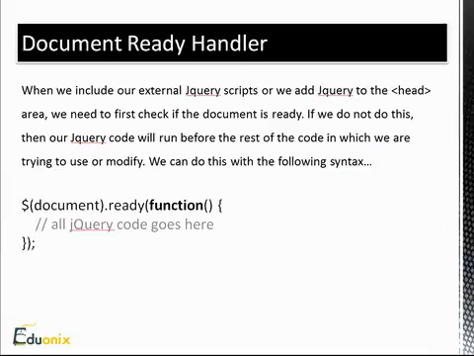Okay, so the document ready handler. Now, I'm just going to read this. When we include our external jQuery scripts, or we add jQuery to the head area, we need to first check if the document is ready. If we don't, then our jQuery code will run before the rest of the code which we are trying to use or modify. And we can do this with the following syntax.